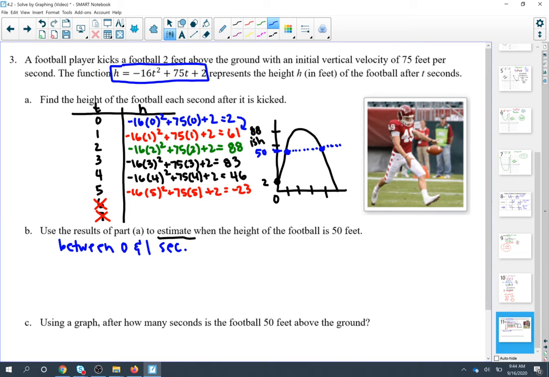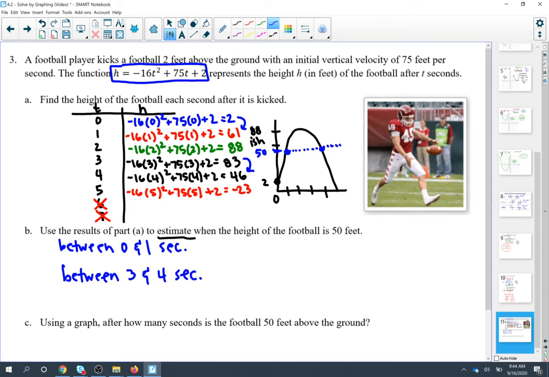Well, so between 0 and 1, yep, and then it keeps going and it comes back down. So 61 to 88, 88 to 83, 83 to 46. In there, it crosses over 50 again. So between 3 and 4 seconds. Now again, that is just an estimate.